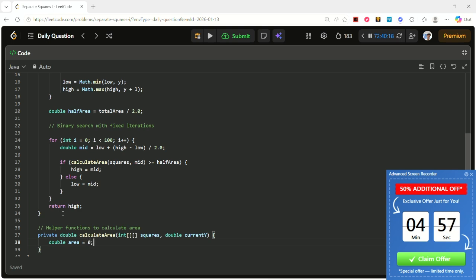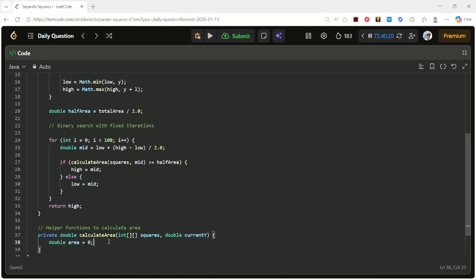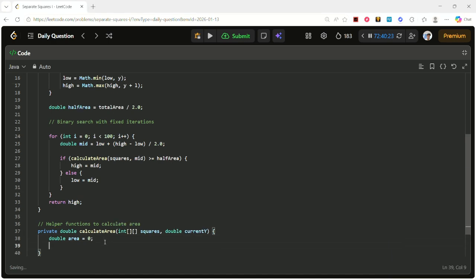Double area is equal to 0, the accumulator. Then we loop through the squares, for each square in squares.